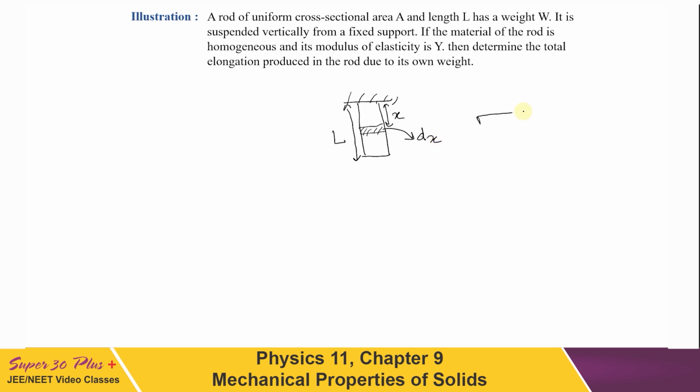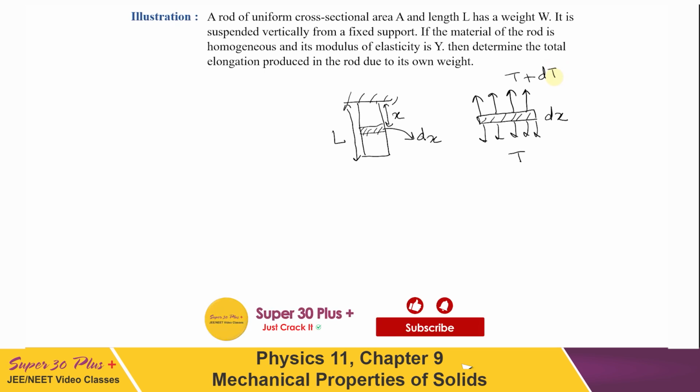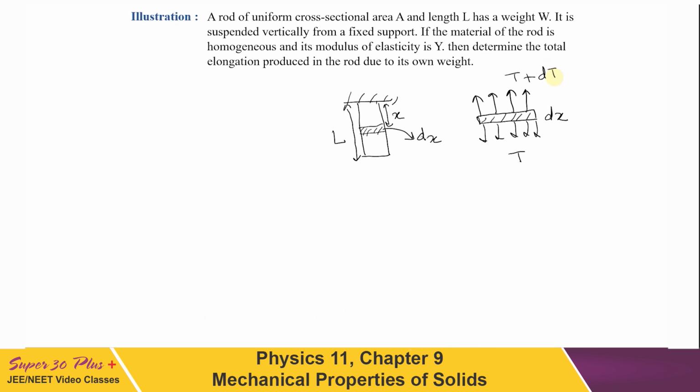If we now zoom it out here, the forces applied will be T in the lower direction, and in the upper direction somewhat more, that should be T plus dT, because as we know, at the free end the tension has to be 0 and it will be maximum at the uppermost end. So when we move upward in the rod along the length, its tension will keep increasing, and for this small length dx, it has increased by a small value dT.